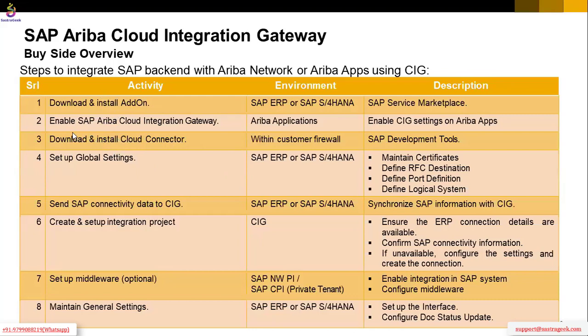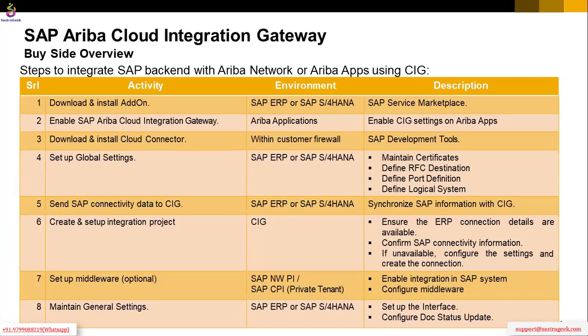Next, we have to download and install the cloud connector. And this cloud connector also plays a very important role. Why? If you see the landscape, the architecture of the solution, on the Ariba side what system do we have? We have the cloud platform. In the S/4HANA system, what platform do we have? We have the on-premise solution. That means we are going to integrate the cloud solution with the on-premise solution.